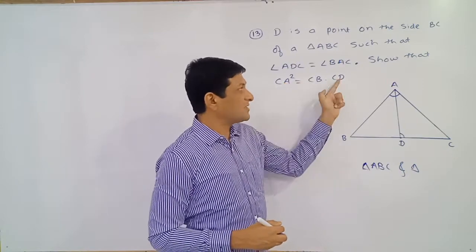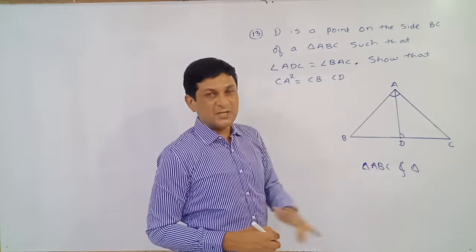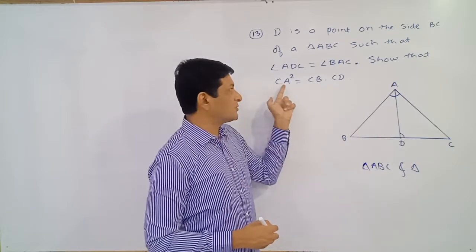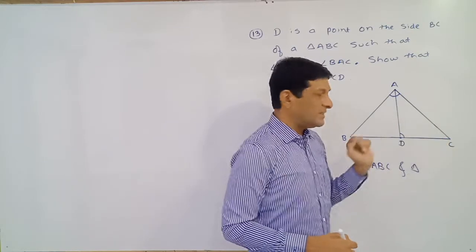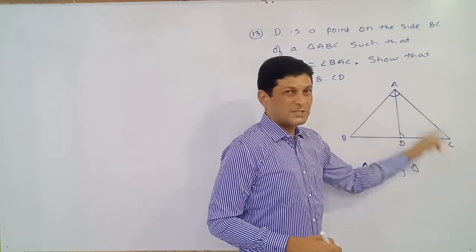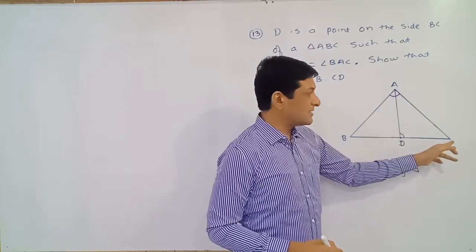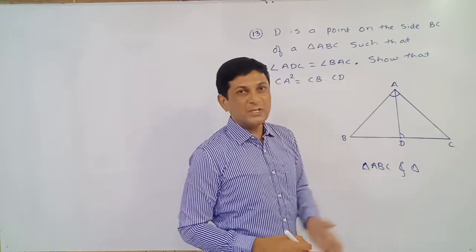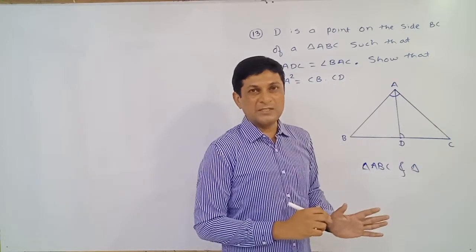Which is the remaining side here? CD. Now observe this figure and check which triangle has sides CA and CD. CA and CD are the sides of triangle CDA. Now which two triangles we have to consider is clear.